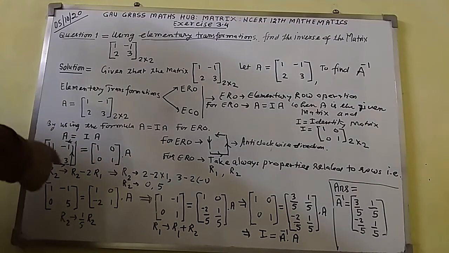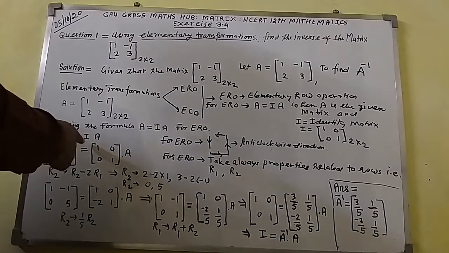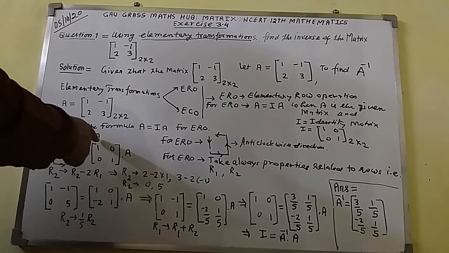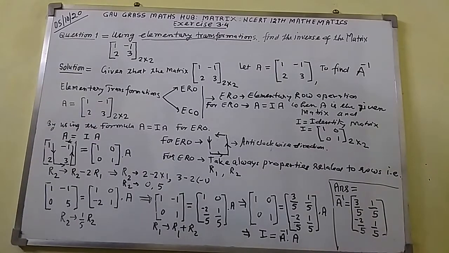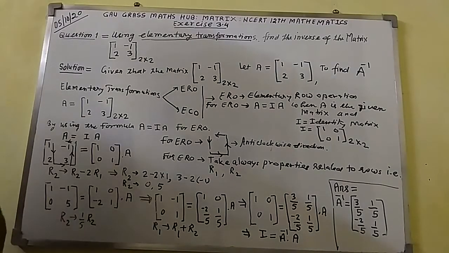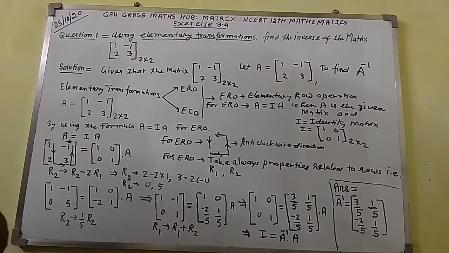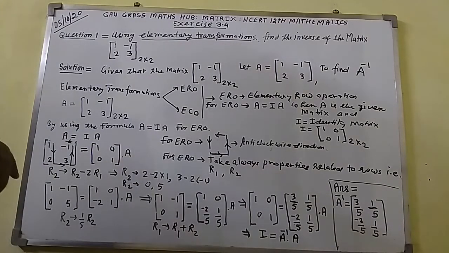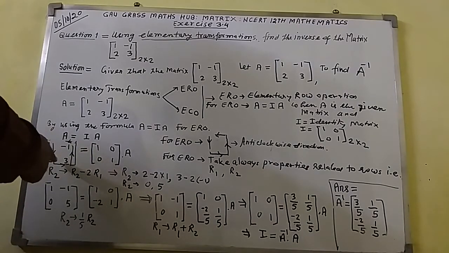The given matrix I have reflected here. The value of I, 1, 0, 0, 1, I have reflected here. A, the given matrix, I have reflected here. What you have to do here? For elementary row operation, we shall proceed in anti-clockwise direction. The given matrix A will be converted into identity matrix, the whole matrix.